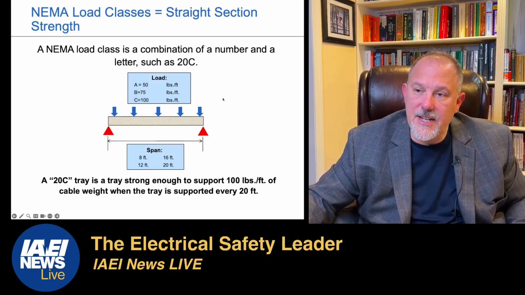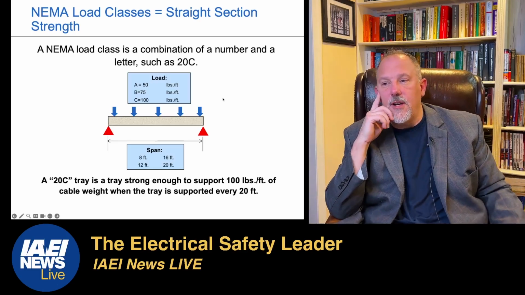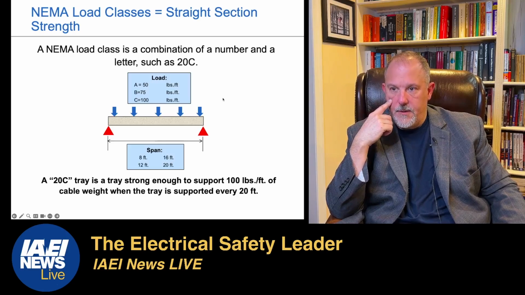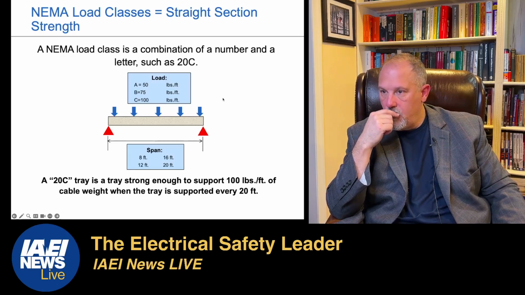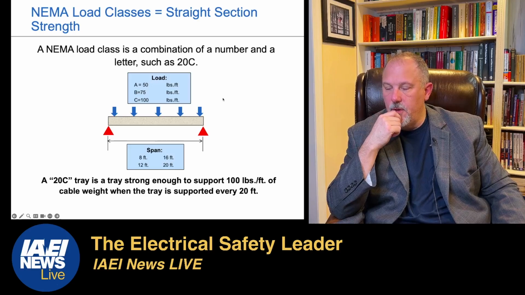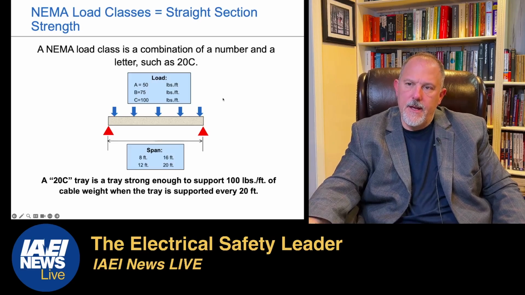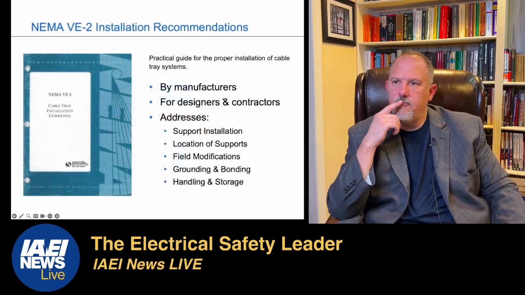A 20C cable tray is a tray strong enough to support 100 pounds per foot of cable weight when the tray is supported every 20 feet. Well, I guess that's interesting. 100 pounds as long as you support it every 20 feet.